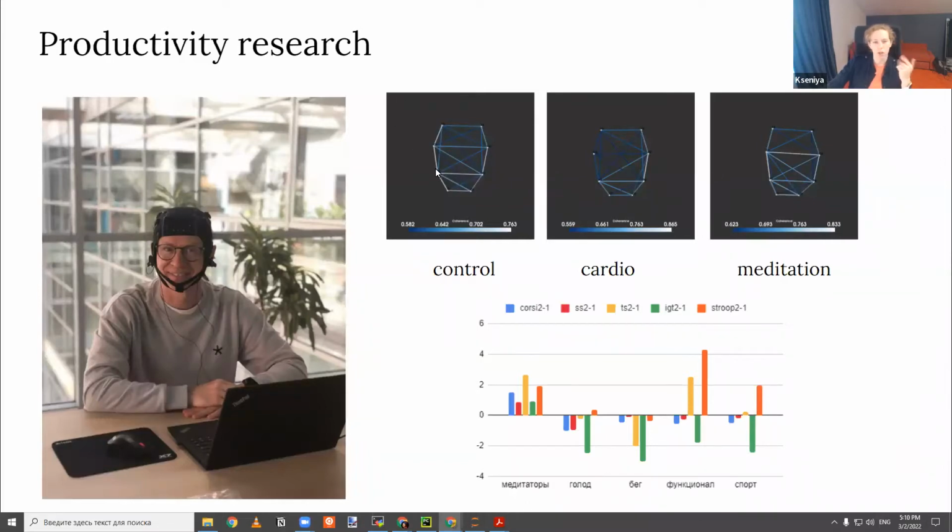As a result of this first study, we have found that in the very beginning, meditation or sport or cardio is better than a diet for cognitive functions, because after a diet, some cognitive functions are lower than after meditation and cardio, as is the oxygen level of the prefrontal cortex.